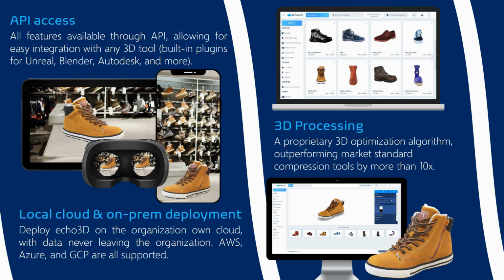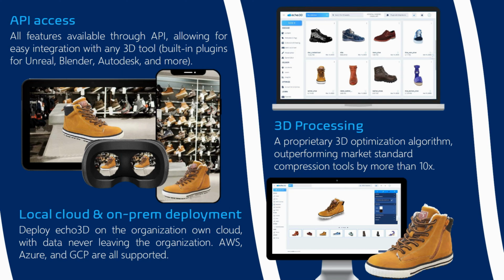Since that was the last thing in our demo, I just want to jump back over to the slides and reiterate some key points. The first is that we are API first. All features of our platform are available through API queries, allowing for easy integration with existing cloud environments and 3D tools.